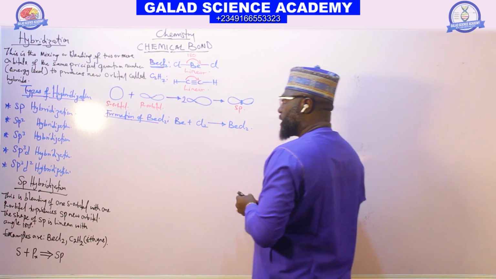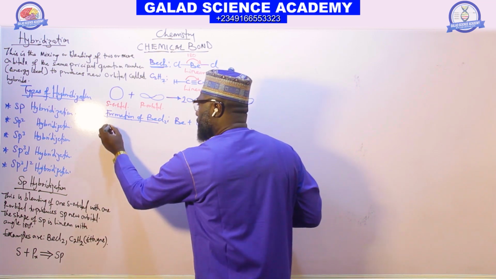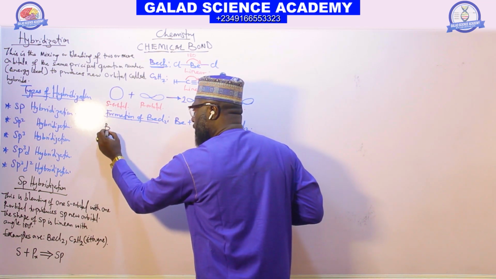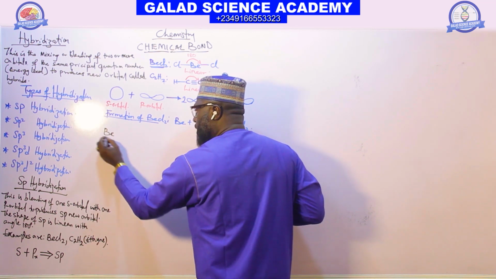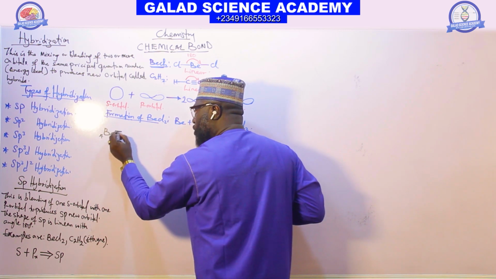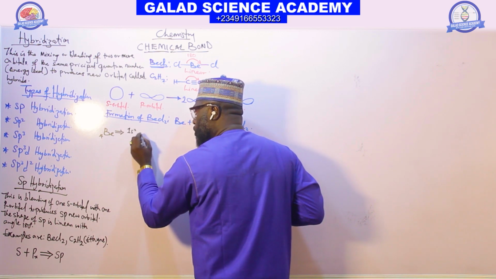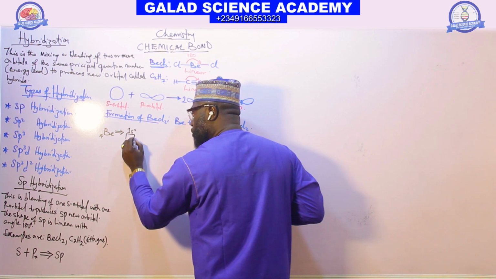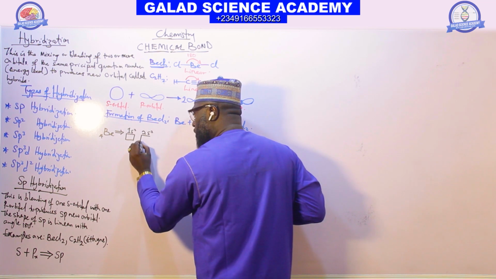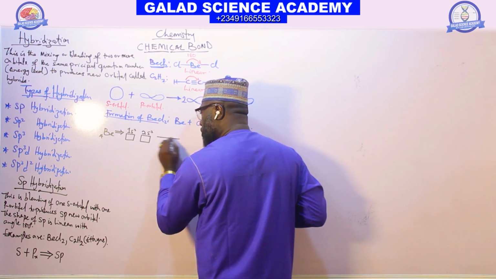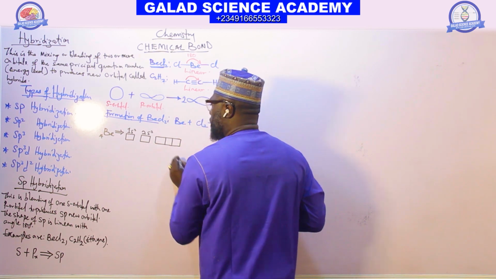But the configuration of beryllium is this. Let me say beryllium, Be, which is atomic number 4, its configuration is 1s2, and the other one is 2s2. Under 2p, we have empty.